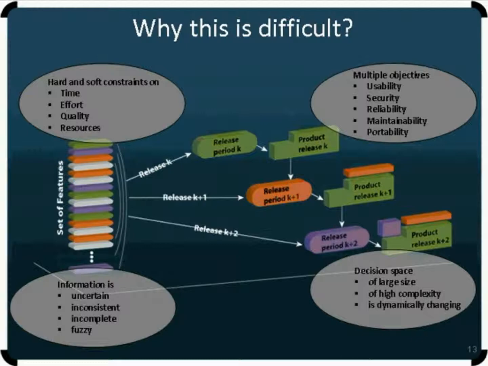Why is this road mapping or product release planning difficult? Is it difficult at all? You know the answer already, but I want to, of course, go into some further detail why it is supposed to be difficult. First of all, there are 4 dimensions of these difficulties. The first dimension relates to all the constraints, and we have here what is called hard constraints, which have to be fulfilled under all circumstances. And then we have soft constraints, which are not strictly formulated, but you have to look at them as well.